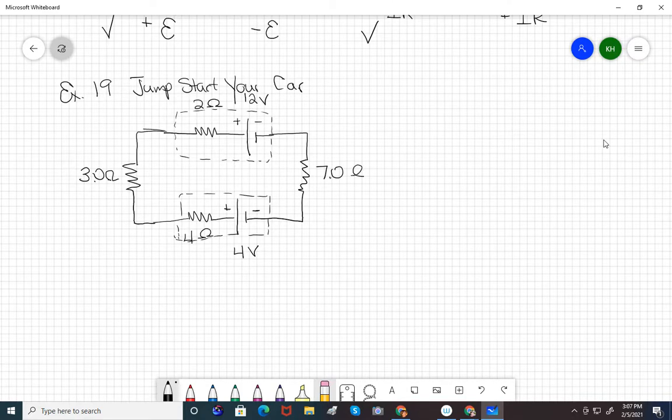Normally, first of all, this one's fairly easy because there's only one loop.